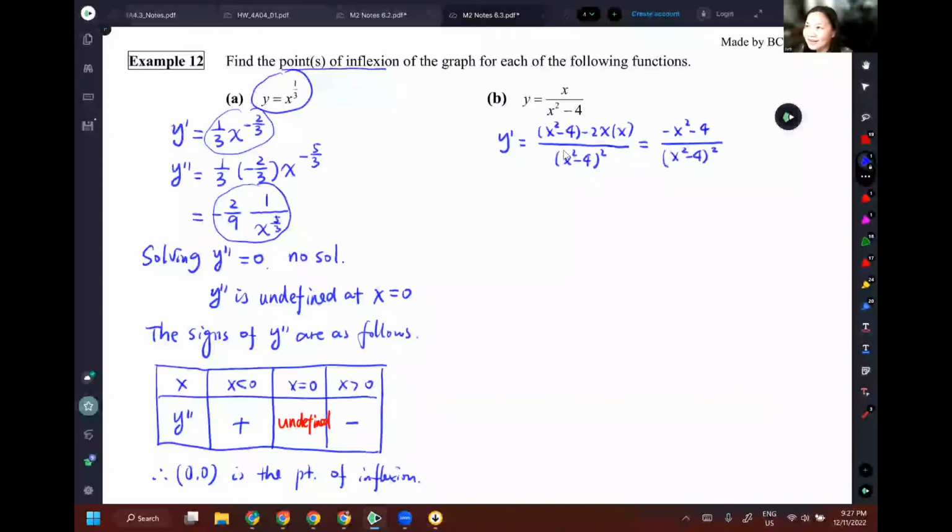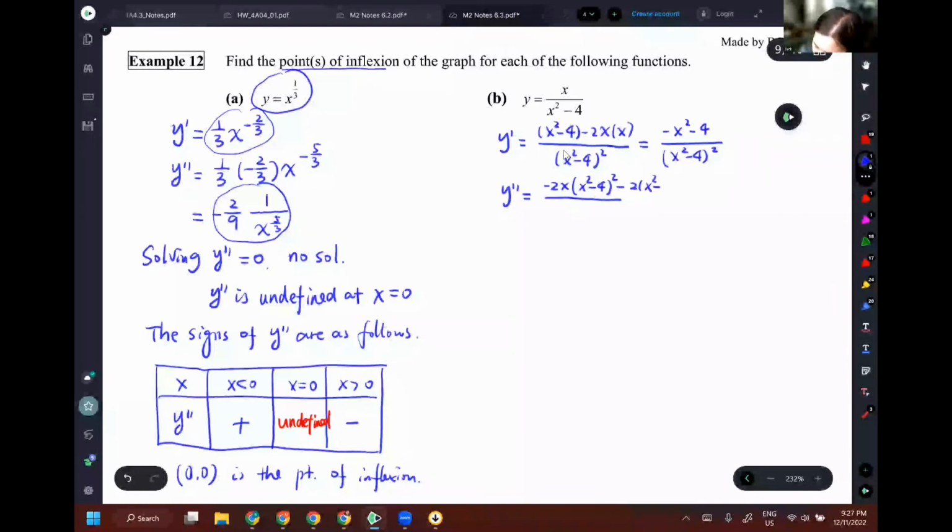Should I simplify? I can, but I don't want to. I cannot simplify. Y prime prime. D high, low, minus D low, high, divided by low square.